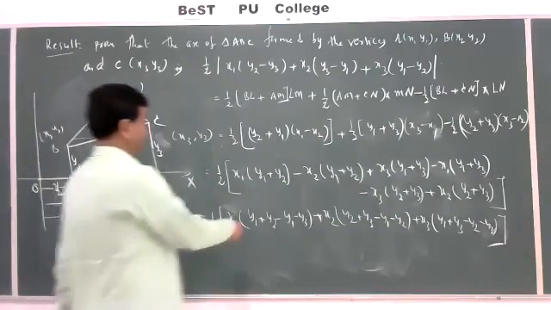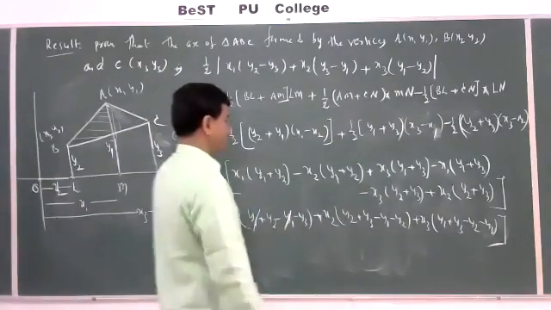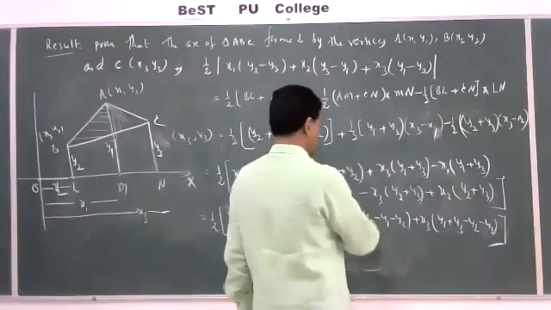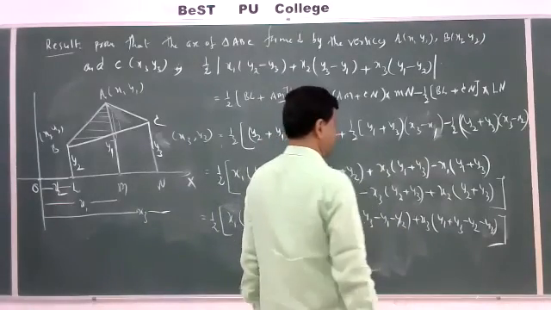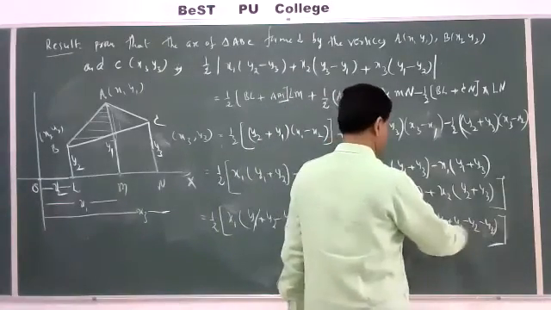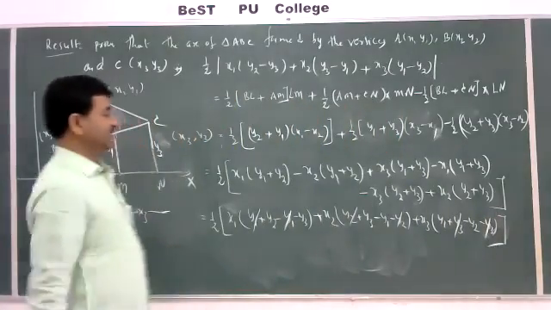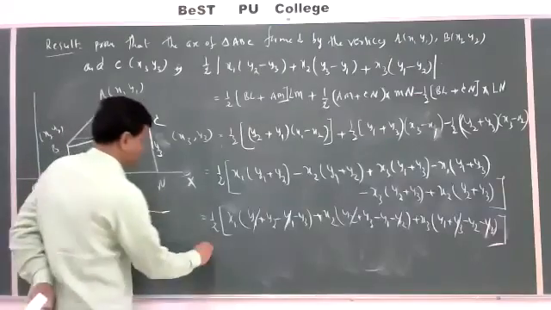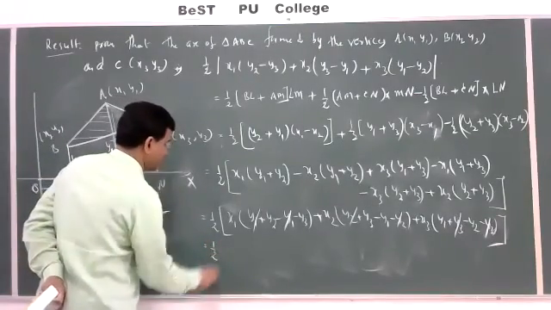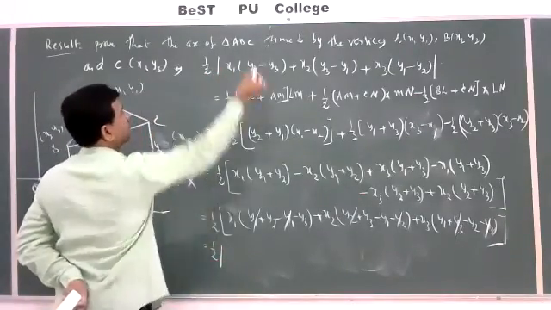So plus y1 minus y1 cancel. Here plus y2 minus y2 cancel. Here plus y3 minus y3 cancel. Write that one. That is our required formula. 1 by 2 into modulus means take the positive value.